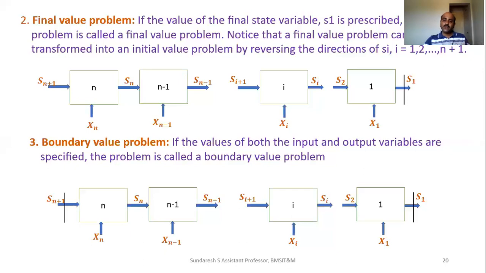When you want to treat it, you have to write this block diagram and show whether you are solving the problem as an initial value, final value, or boundary value problem by representing this perpendicular line against the state variable. These are the three important types of multi-stage decision problem.